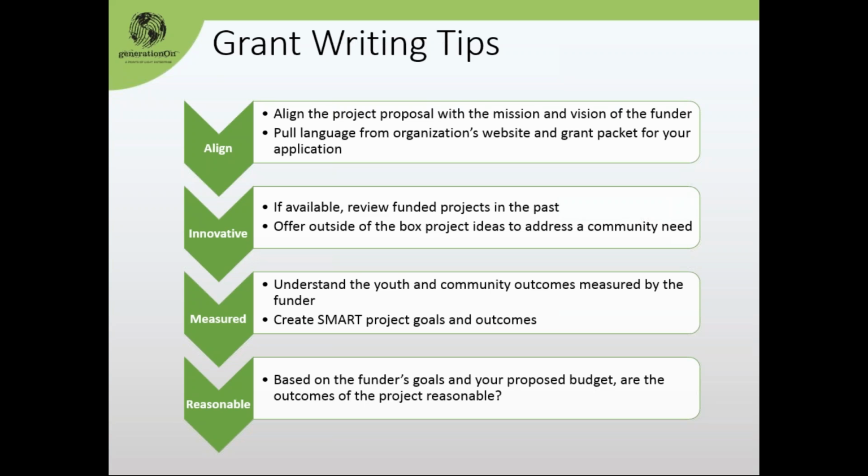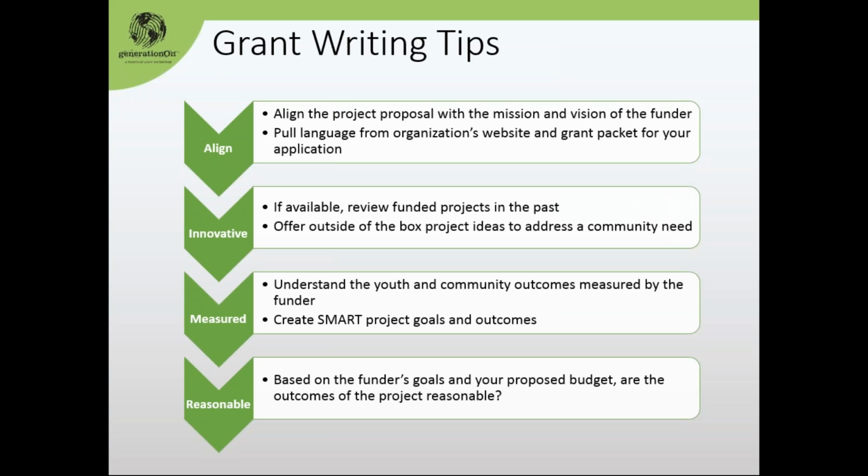And before I jump into the 4 tips, the one thing I wanted to let everybody know is that when you're crafting your grant proposal, really think clearly about who your reader is. If you're just mindful of who you're writing this for, a lot of what comes out onto your proposal will be written in a certain way to make sure that it's crafted to the reader.